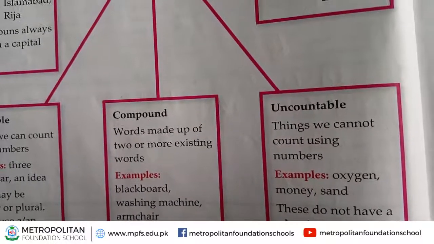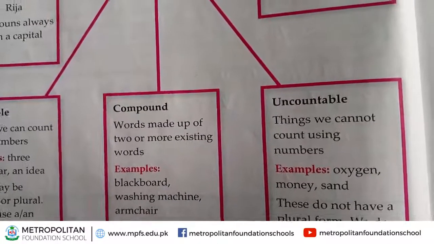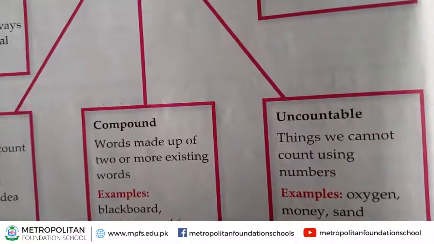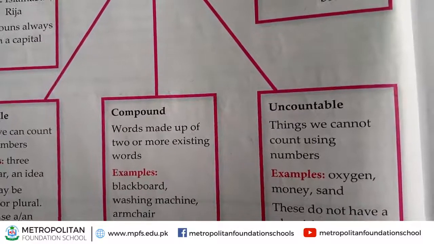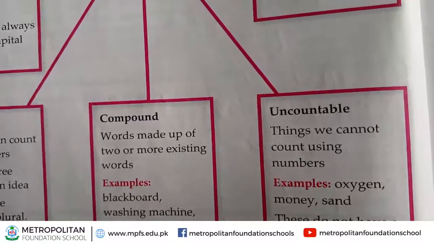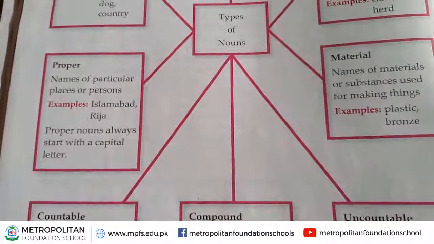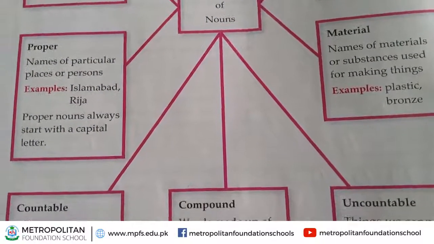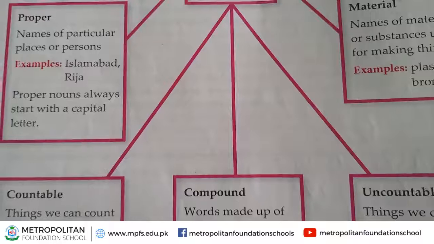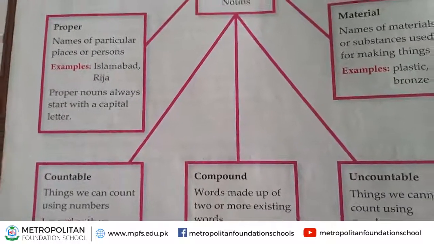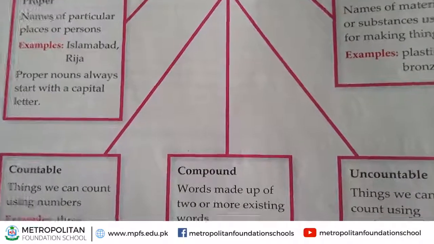So in this unit of nouns, I have explained the definition of noun and the kinds of noun, how many kinds of noun there are, and I have explained the types of noun with the help of a chart. Students, in the next video I will explain the making of nouns from adjectives, verbs and so on.